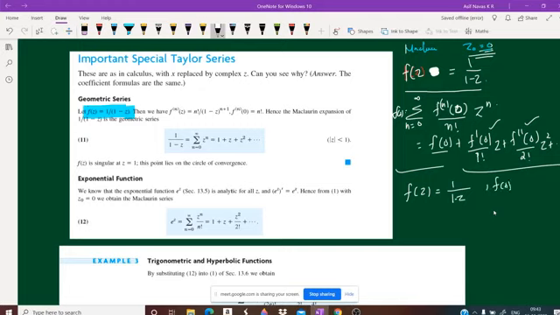If you replace z by 0, this is 1. f dash of z is the derivative of 1 by 1 minus z, which is 1 by 1 minus z all square into the derivative of minus z minus 1. So then f dash of 0 is equal to 1.